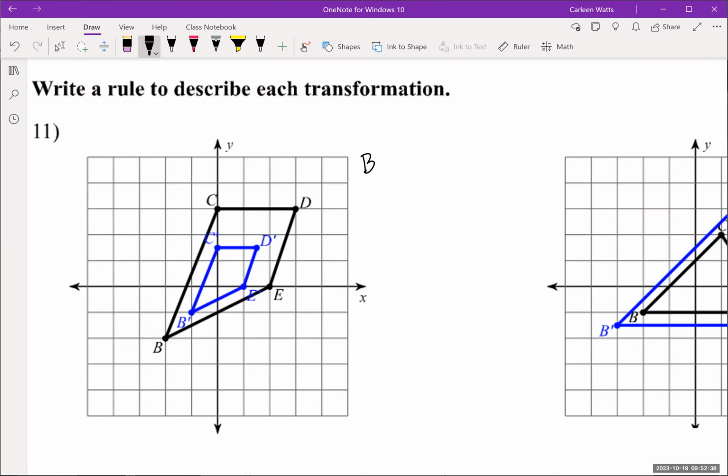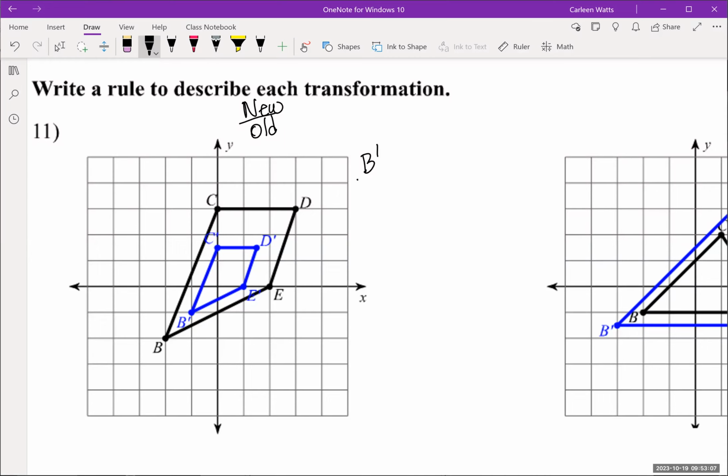okay. And for the dilation, I want to do new over old. New over old. Okay, so I could do B, the new are the primes, right? The blue.